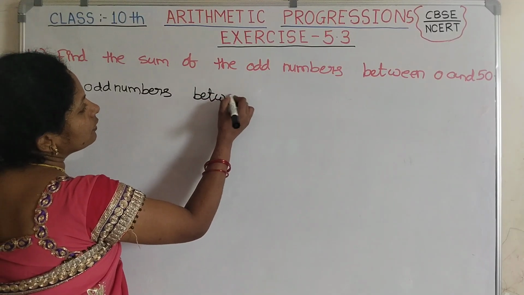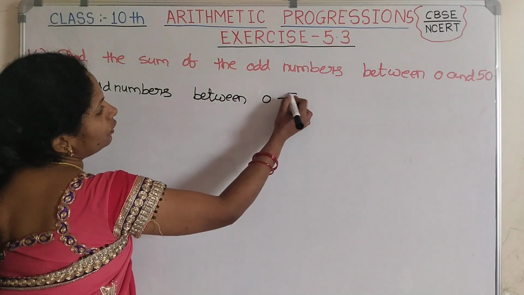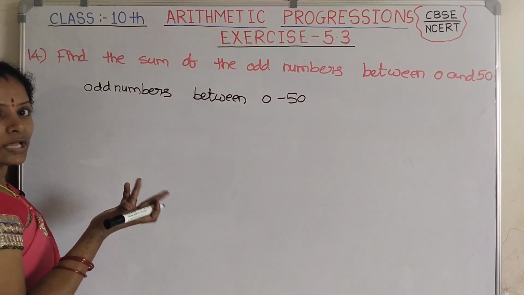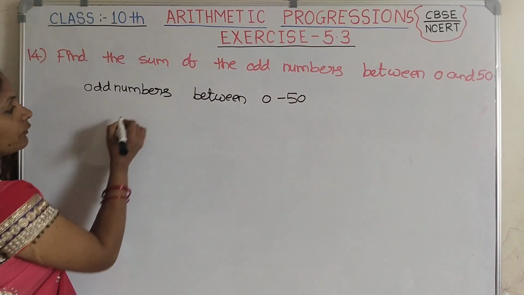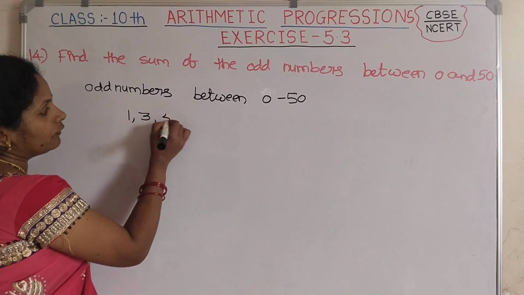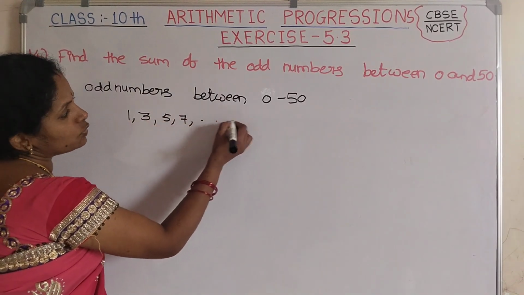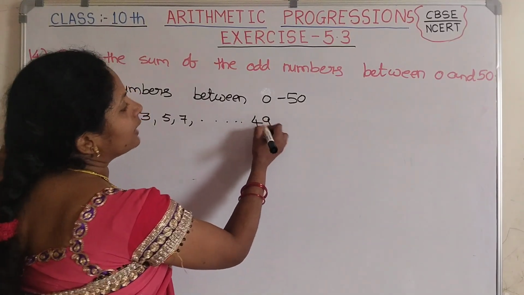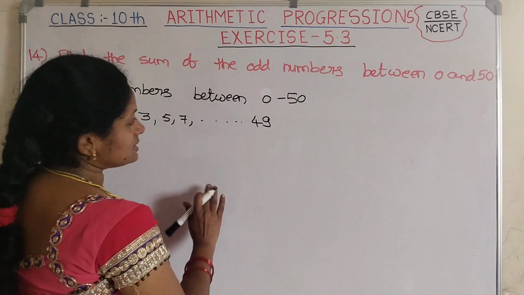Between 0 to 50 we have to take. 0 and 50 both are not odd numbers. The numbers start from 1, 3, 5, 7 and so on. What is the last odd number here? 49. 50 is not an odd number, it is an even number.